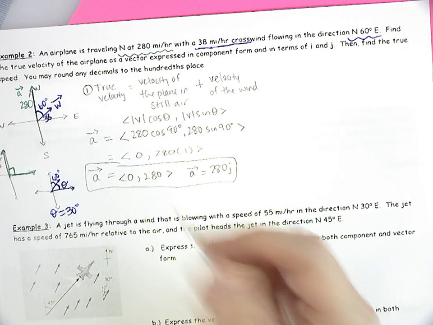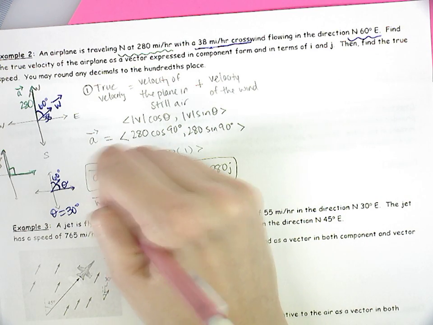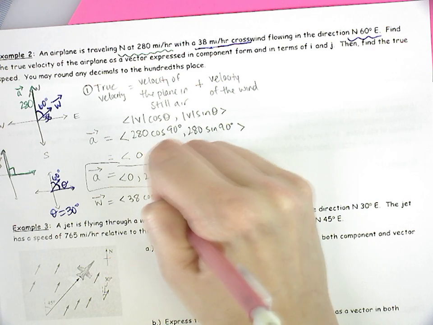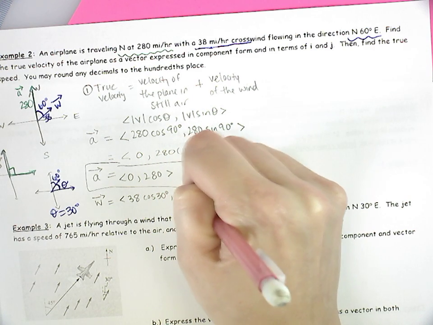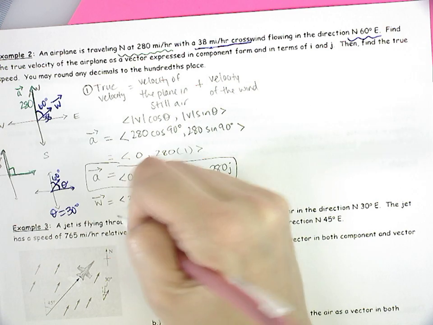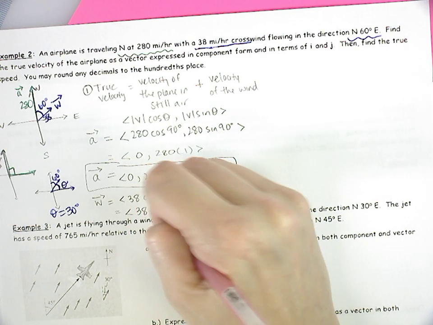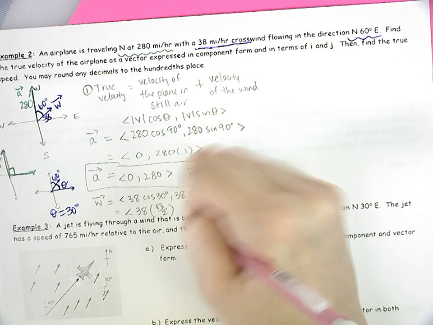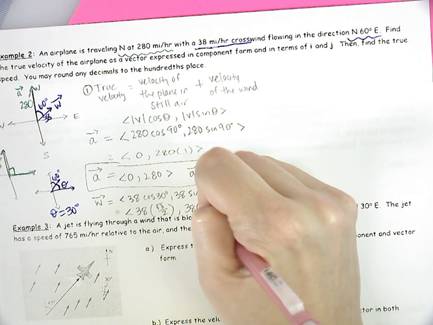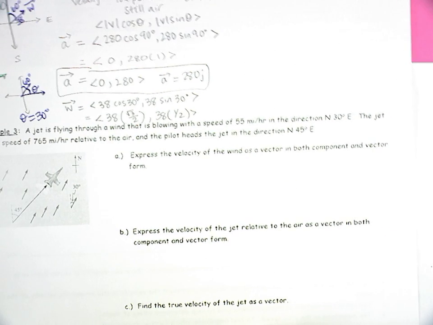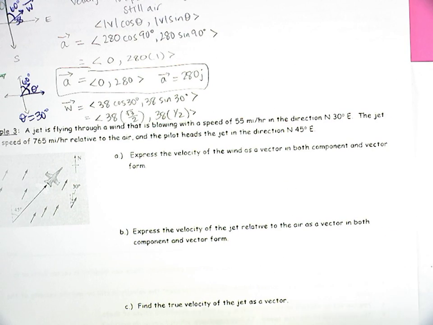So I'm going to use that for the wind. For the wind, the magnitude is 38. 38 cosine of 30 degrees, 38 sine of 30 degrees. This is an exact value, so you can go ahead and use your root 3 over 2 and your 1/2. If you just want to put it into decimal form, that's okay too. The directions say you can round any decimals to the hundredths place.